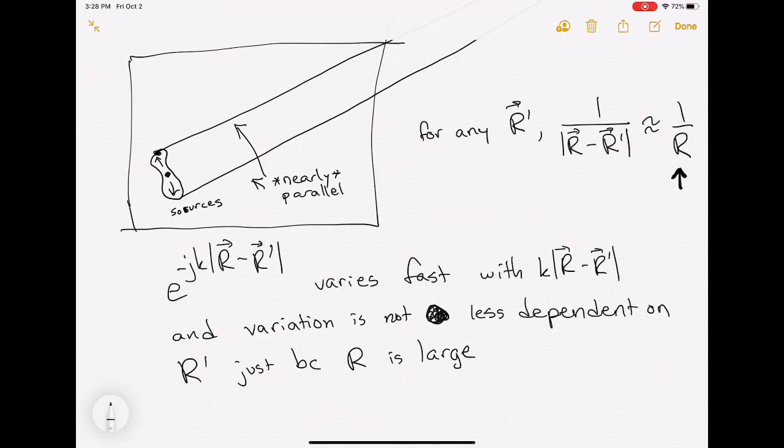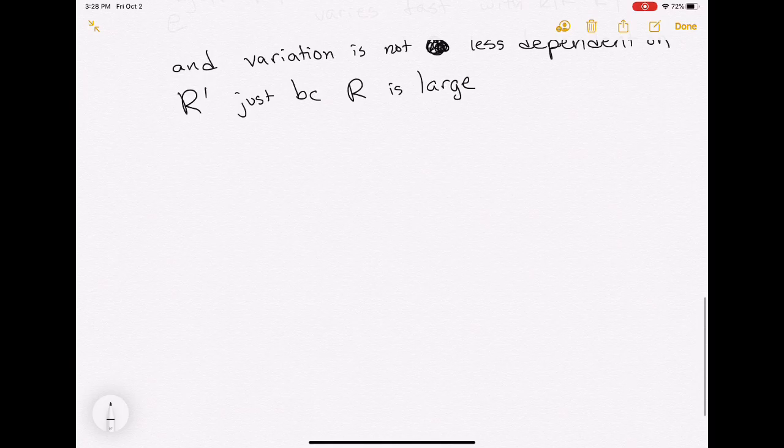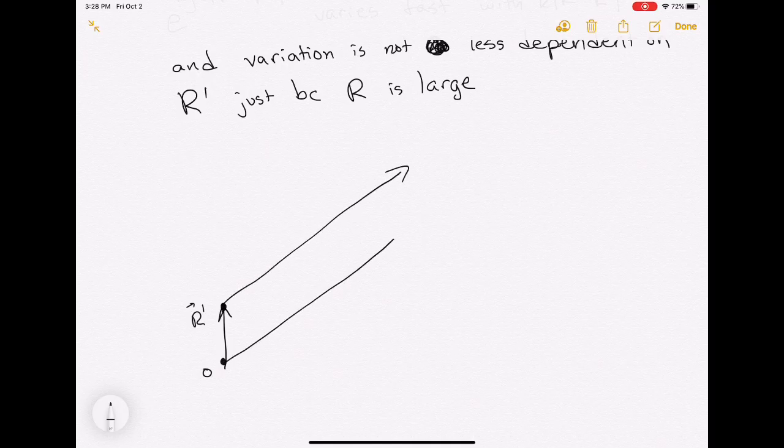Let's look at that situation again. Let's say we've got the origin here and another point on our source distribution over here. So like that's the origin, and let's say that this is r prime. And we'll draw two lines over to some observation point very far away, and that's r. So this vector from the origin to the observation point actually is r itself.